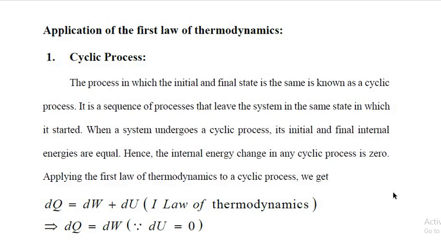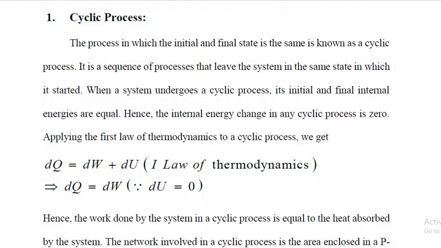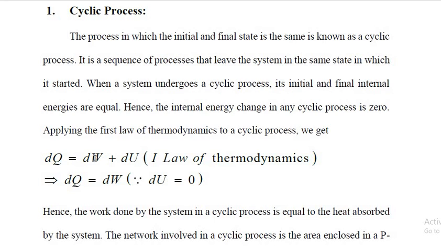Applying the first law of thermodynamics to a cyclic process, we get dq is equal to dU plus dw. This is the first law of thermodynamics. In cyclic process, internal energy change is 0, therefore dU is equal to 0. This implies dq is equal to dw.